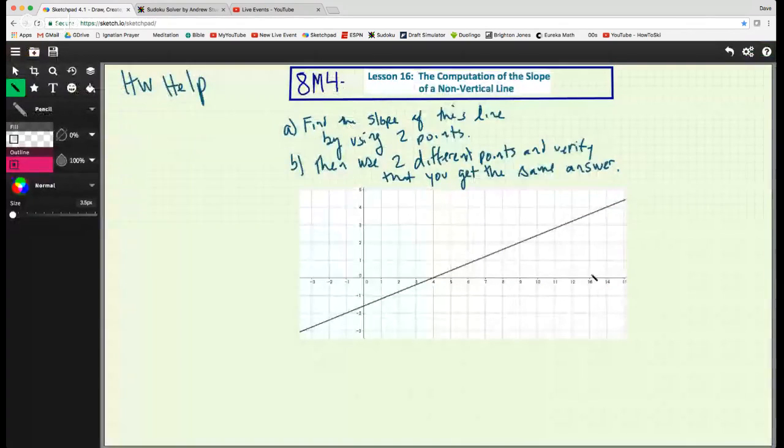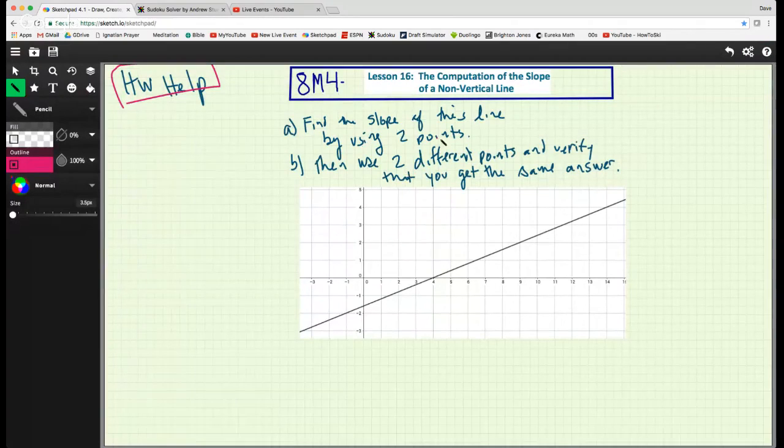So we're going to call this homework help because this is what the homework problems are all going to look like. So let's find the slope of this line. Oh, well, I've already written it down. So find the slope of this line by using 2 points. The easiest thing to do is find 2 points that go across an integer boundary.